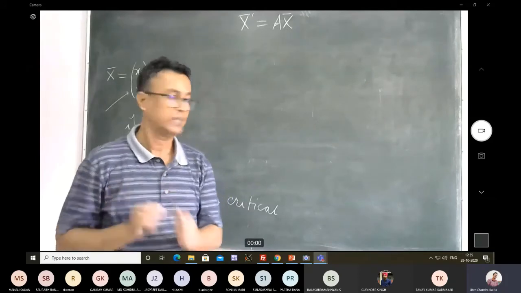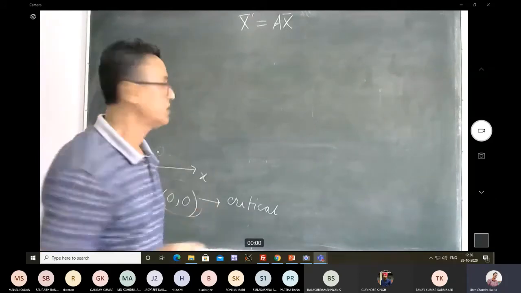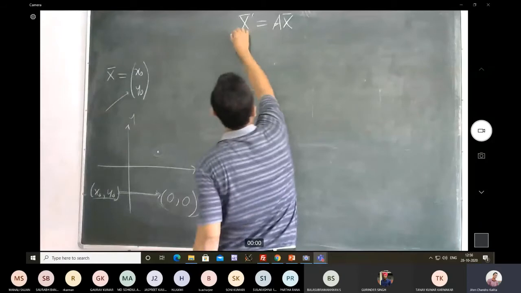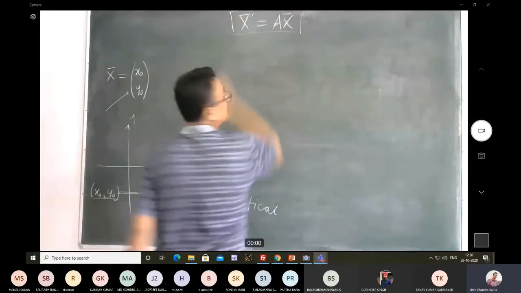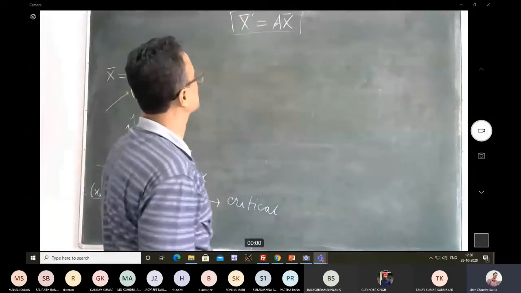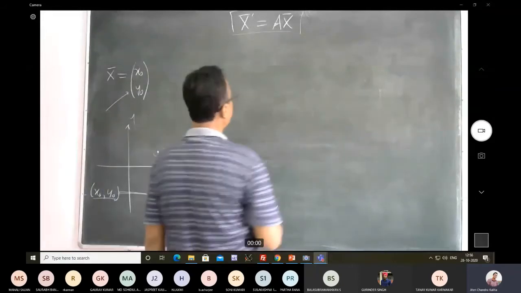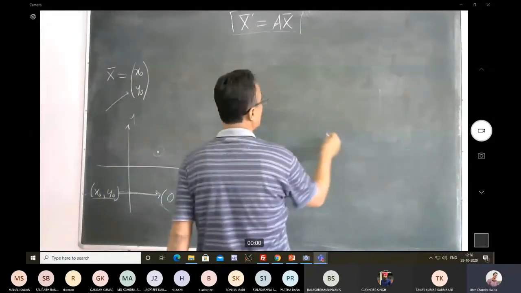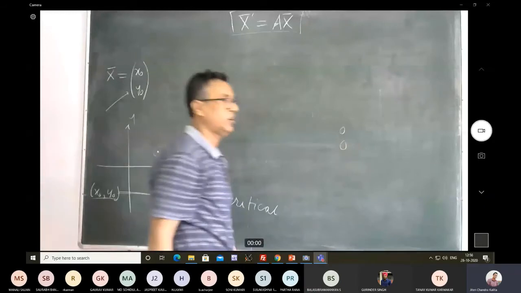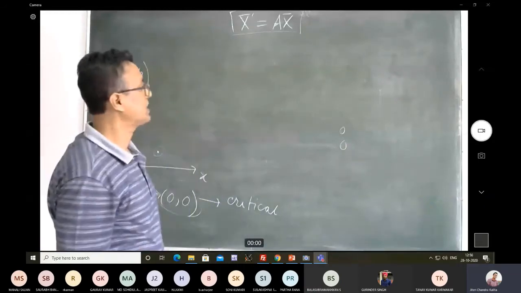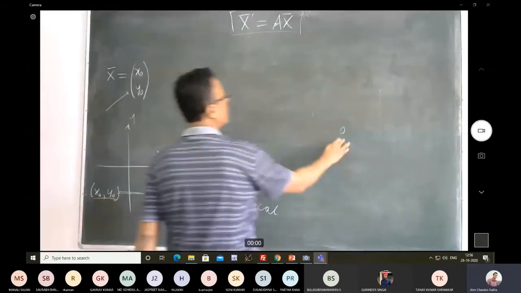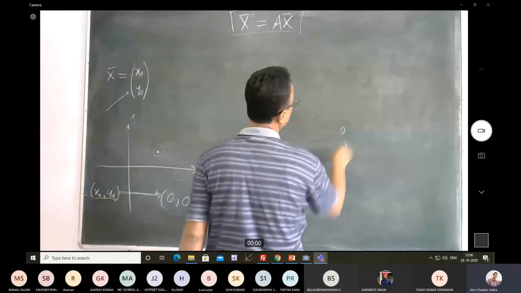Fine? So that brings me to the fact that, if I consider this equation and I want (0, 0) to be my critical point, then what must happen?